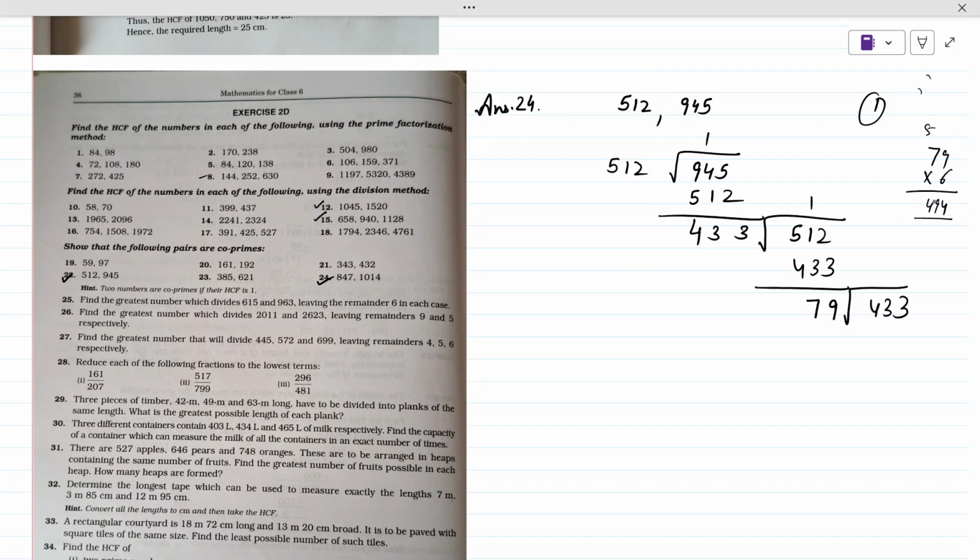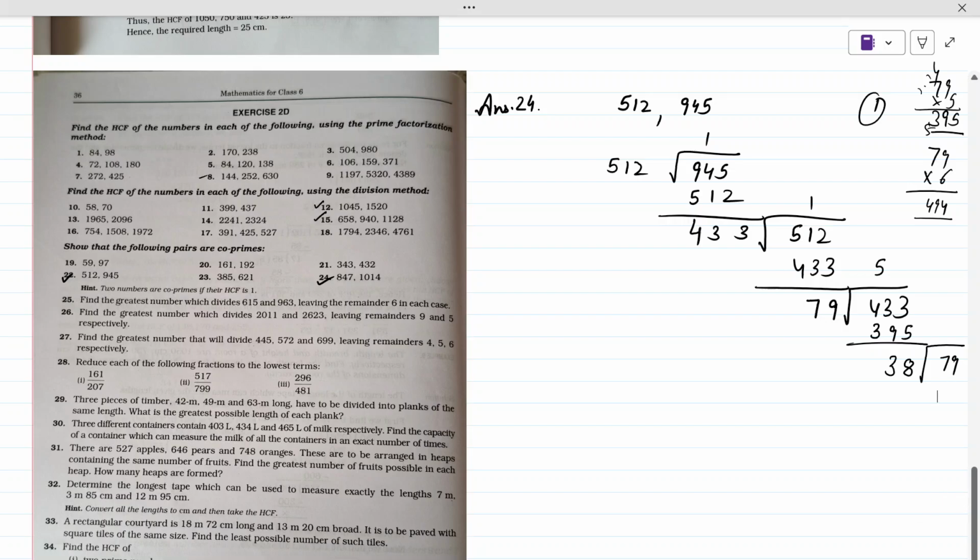So let me try with 5 then. 5 into 9 is 45. 7 into 5 is 35 plus 4 is 39. So I am writing 395 here. 13 minus 5 will give us 8. 12 minus 9 will give us 3 and then 79.